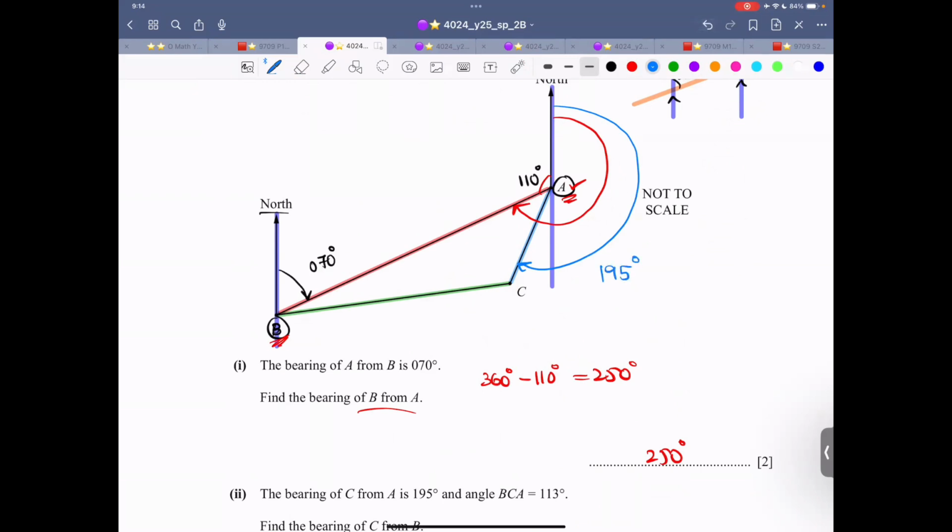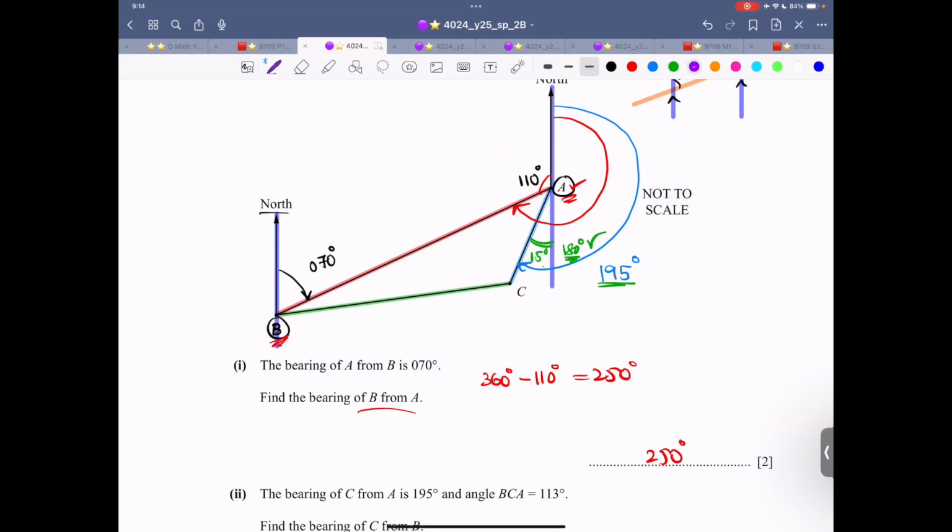Either I should play around with the whole 360 degrees. This is 110. This whole thing is 195. So I can find this one. That's one approach. The other approach is, let me mark this thing as 15 degrees. Why? Because up till here, it's 180 degrees. So out of 195, if I subtract 180, I get 15.